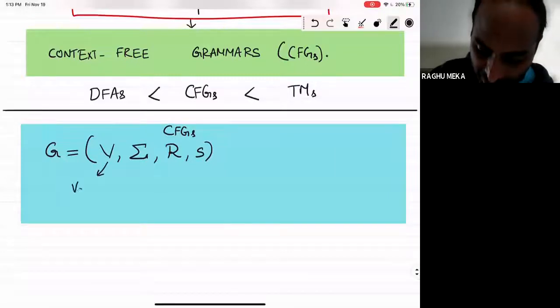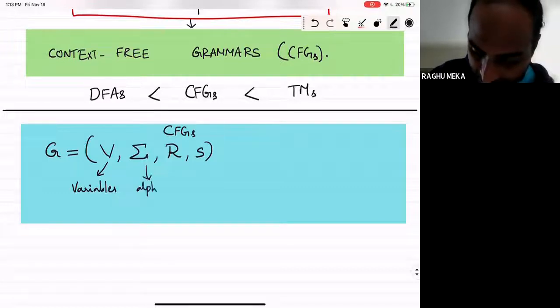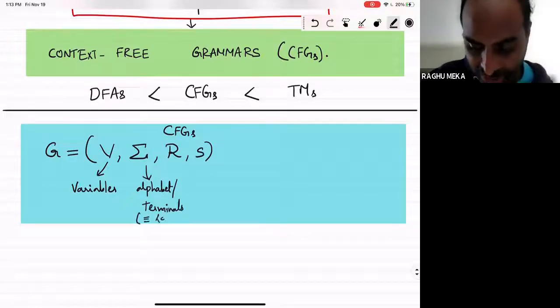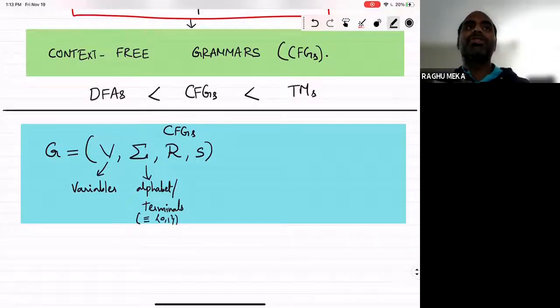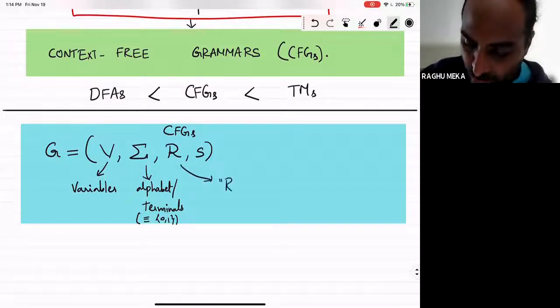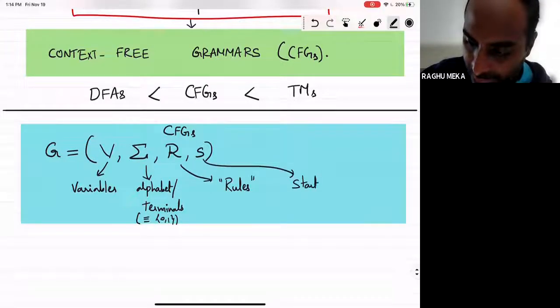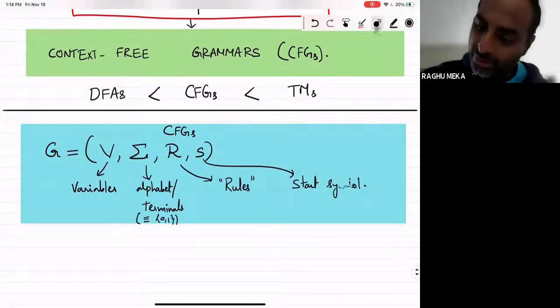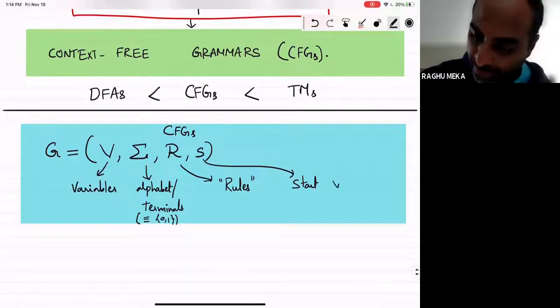So V corresponds to variables, Sigma is the alphabet of terminals. You should really think of them as just 0, 1. Okay, maybe 0, 1, numbers 2, 3, letters A, B, C, D, and so on and so forth. R corresponds to rules, and S is the start variable, not symbol, but start variable.